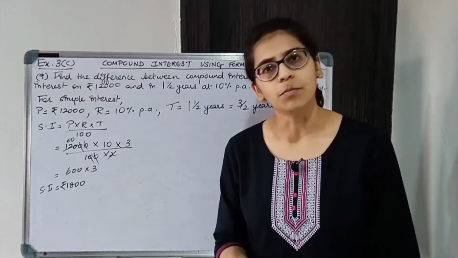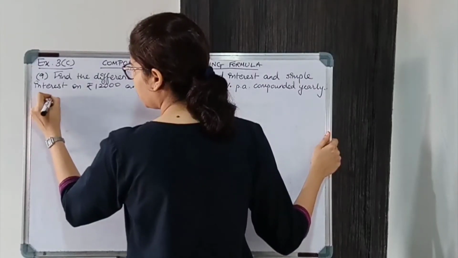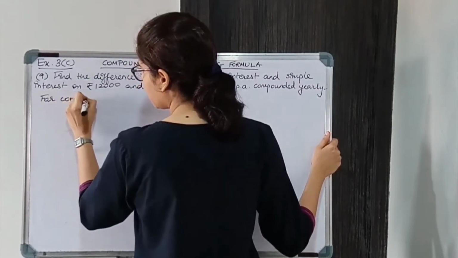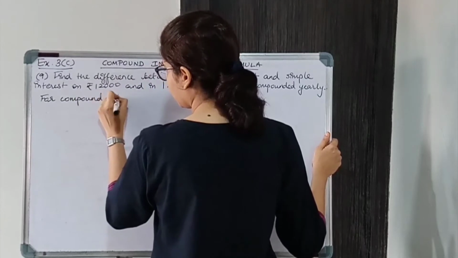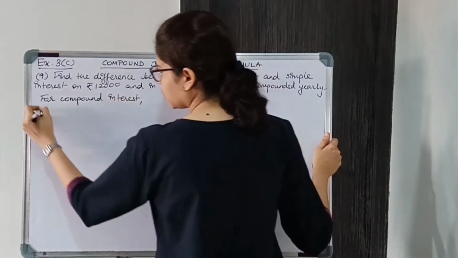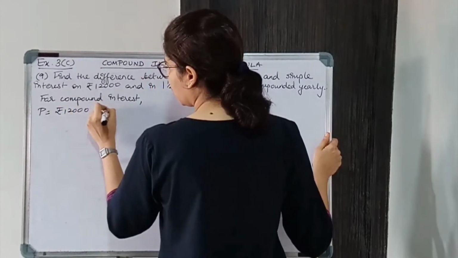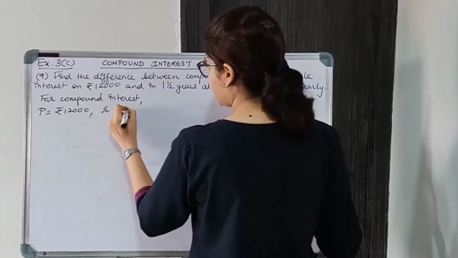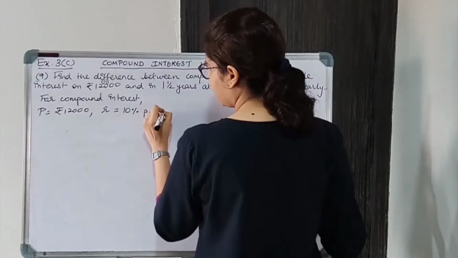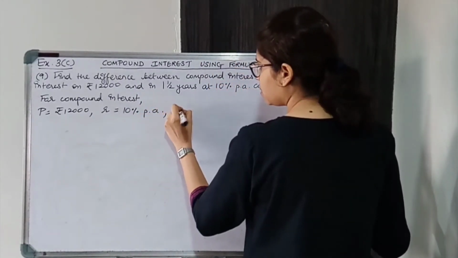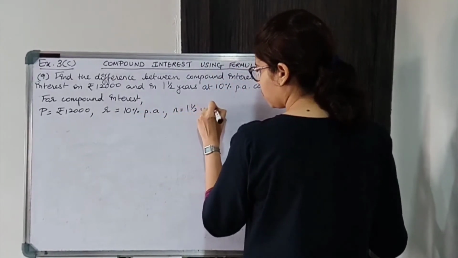Now let us find compound interest. For compound interest, principal is the same, 12,000. R is 10% per annum. And N is 1.5 years.